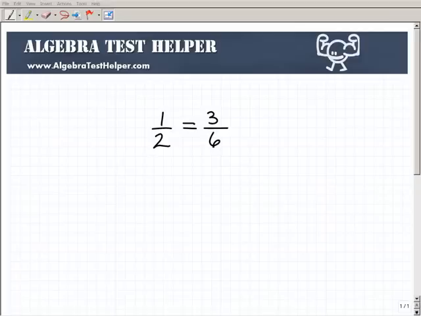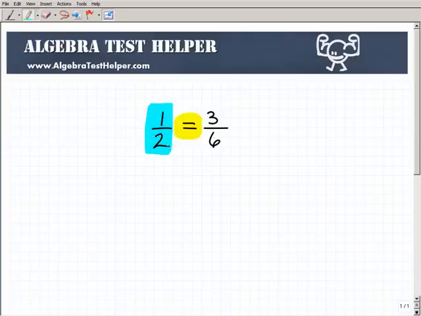But before I do that, let me tell you what a proportion is, just in case you don't know. All a proportion is, first of all, it's an equation, and it's an equation of two equal fractions. Let me ask you, I have this fraction right here, 1/2.